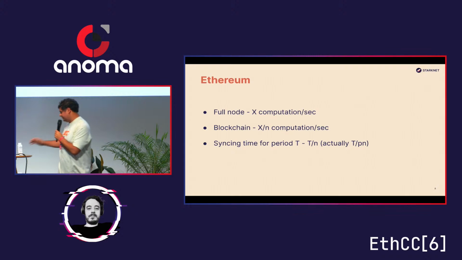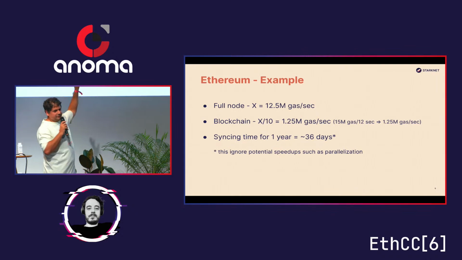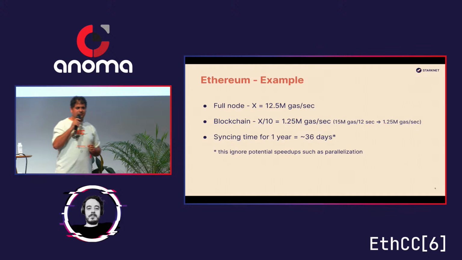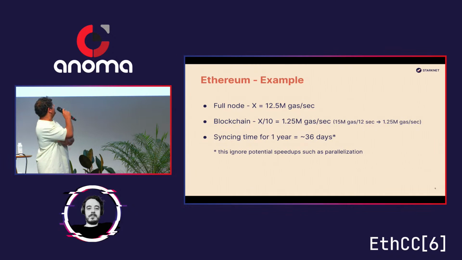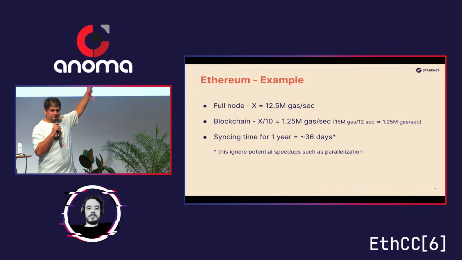So I'll give a very concrete example that is also close to reality. If you have an Ethereum full node and you say, my Ethereum full node can do about 12 million gas per second, then let me have my blockchain running at a speed of about 1 million gas per second. That's more or less the numbers that we have as the target for Ethereum 1559 today.